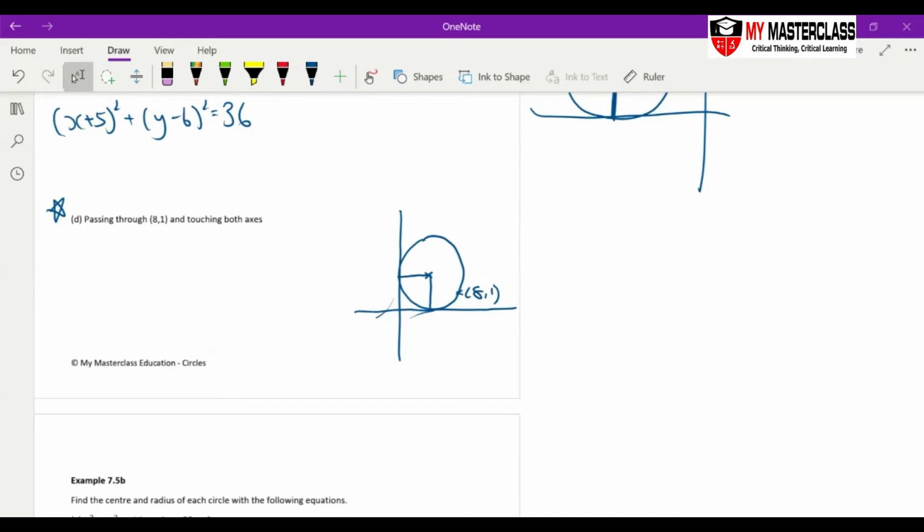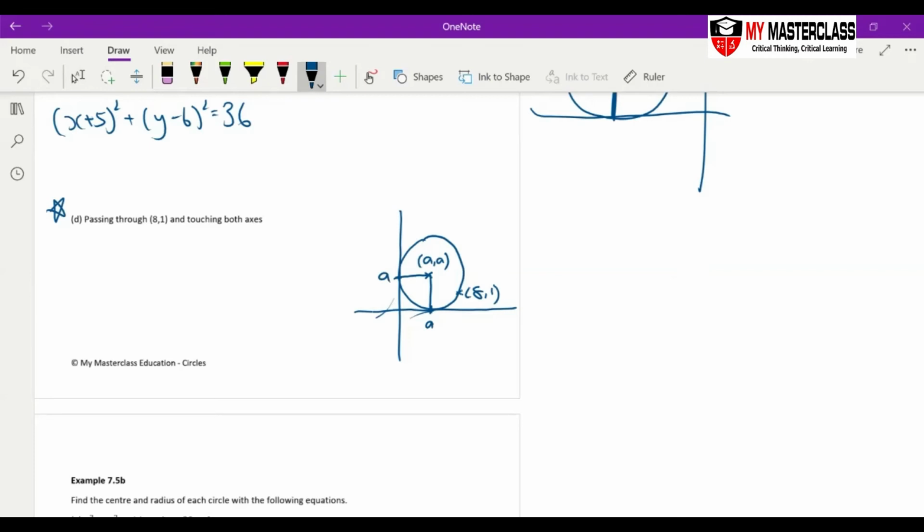That means my center's x coordinate and y coordinate are the same. Which means I can label this as (a, a).